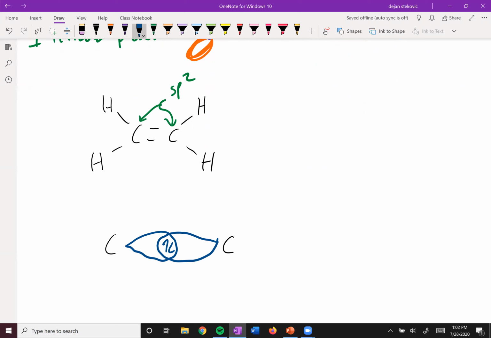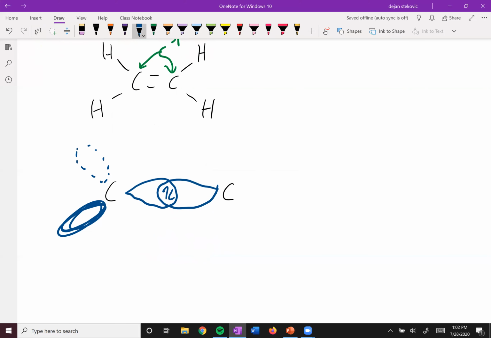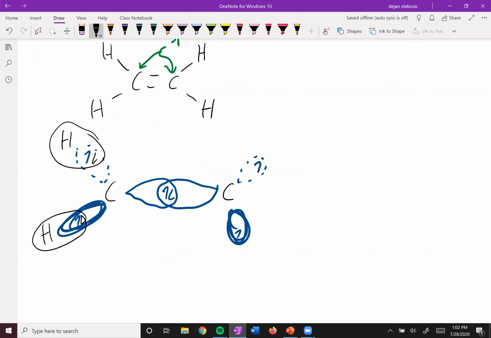That's one sp2 orbital. Then we have another sp2 orbital kind of coming out of the board, and then one going back into the board to form that trigonal planar shape. And then same thing on this other side. And each one of these orbitals has one electron in it. And then we have hydrogen that has this direct overlap.